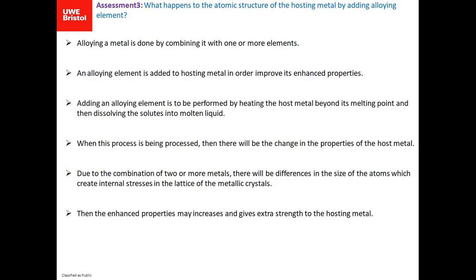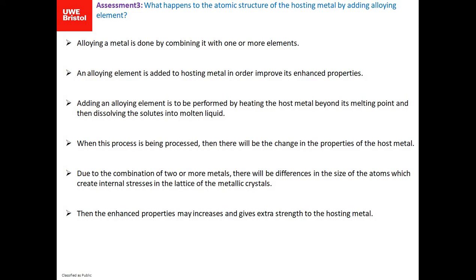So, whatever we studied in crystal lattice structures, types, and bonds is going to happen in this process. Whenever the alloying element is added, that difference in the size of the atoms is reflected with the existing host metal, and that creates stresses between those atoms in the metal lattice crystals.